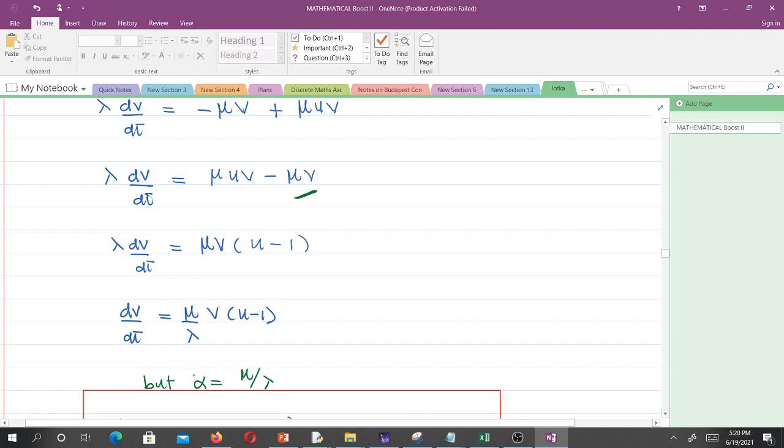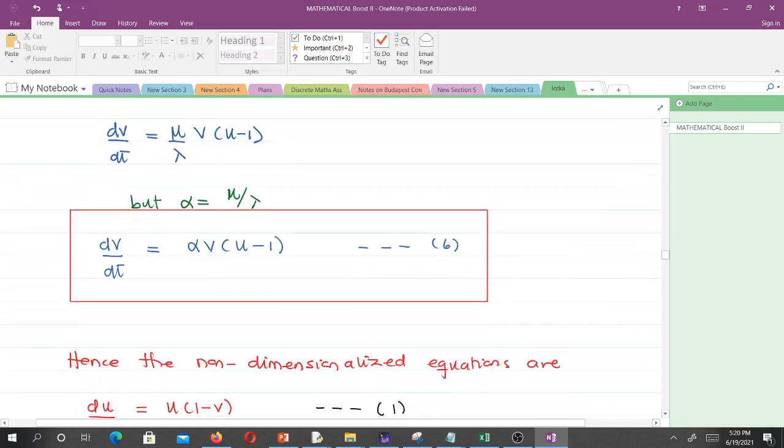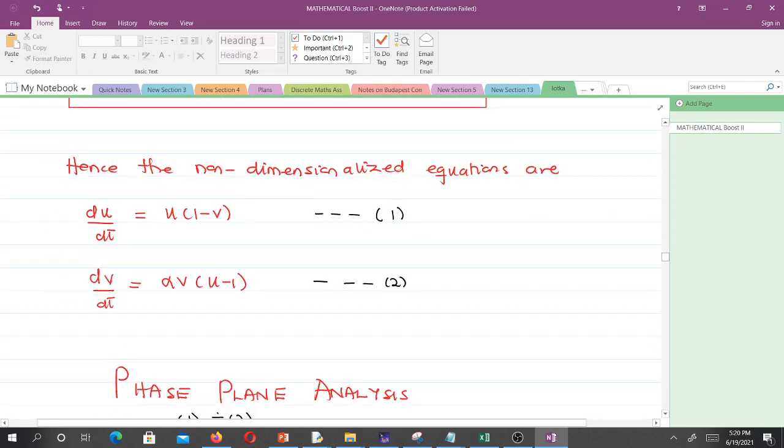But in the equation we wrote, we said alpha is equal to mu over lambda. So we can make that substitution, and that will give us dv/d tau will be equal to alpha v multiplying (u minus 1). That's going to be the non-dimensionalized equation for the second equation, right?